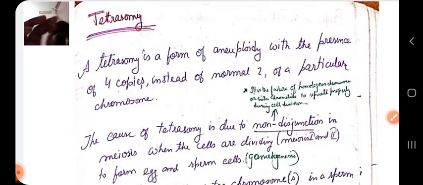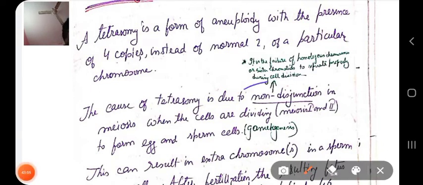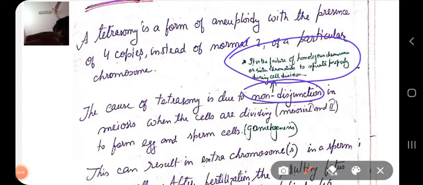The main cause of tetrasomy, as we know, is non-disjunction, that is, failure of the homologous chromosomes or sister chromatids to separate properly during cell division.